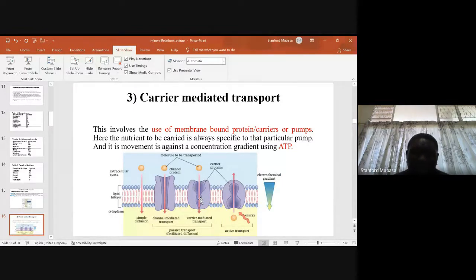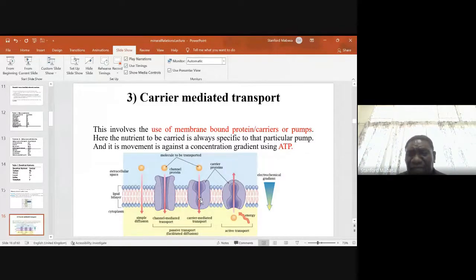They use what is known as carrier-mediated transport, which involves the use of energy in the form of ATP. For your information, you just need to know that there are certain proteins or pumps which can transfer nutrients into the roots, and they require energy in the form of ATP. And we call this process carrier-mediated transport.